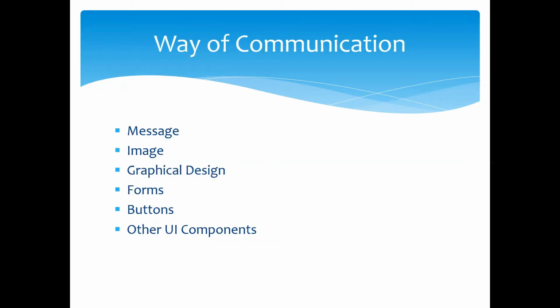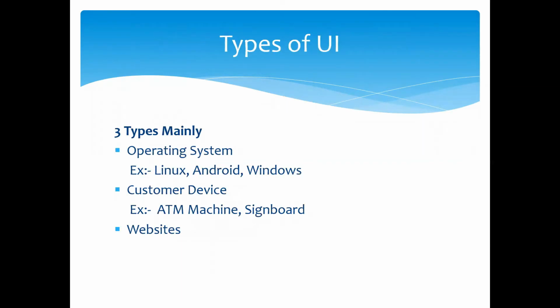This is another way of communication. Graphical design, forms, buttons and other UI components are there so a human being can communicate with a machine. These are the typical communication methods.